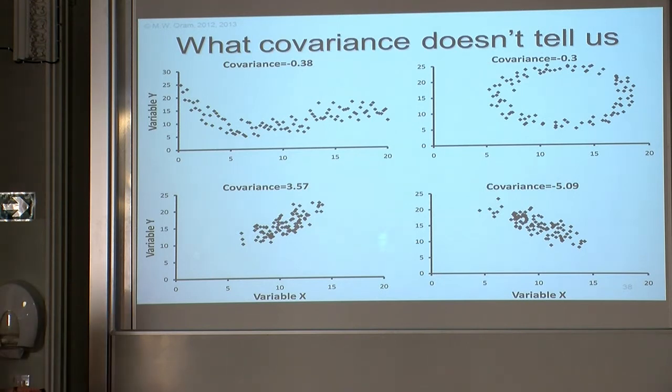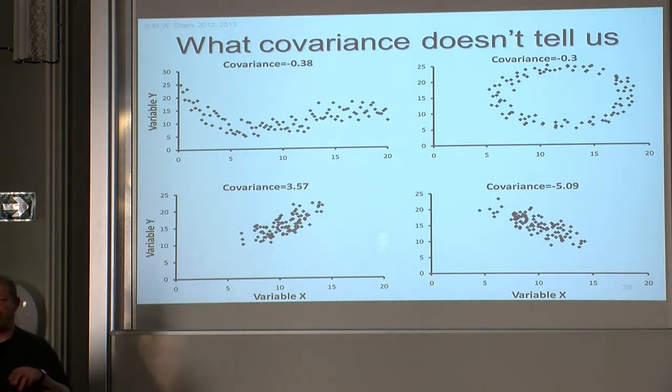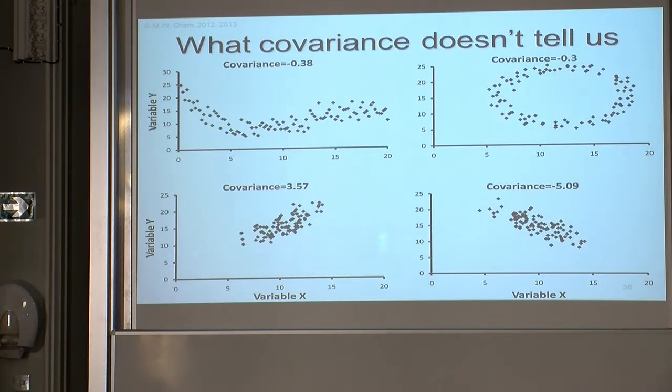If they're independent, covariance will be 0, or very close to. But a covariance of 0 does not imply independence. Again, when you're reading papers, you will see that sort of relationship is inferred or stated explicitly, and it shouldn't be. It means that there isn't a linear independence, the straight line that goes through them.